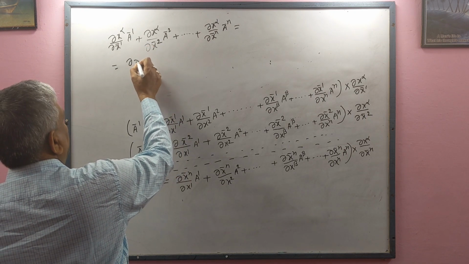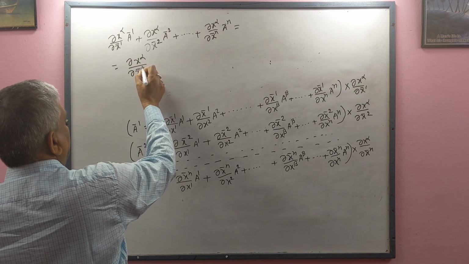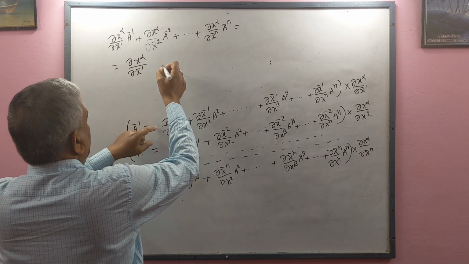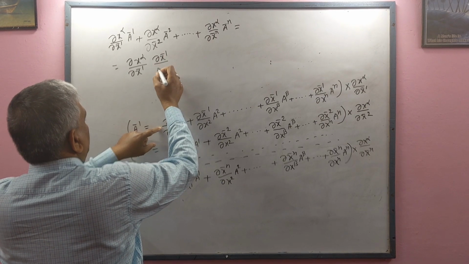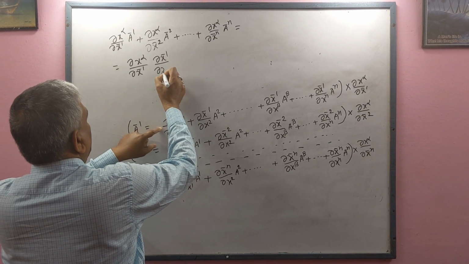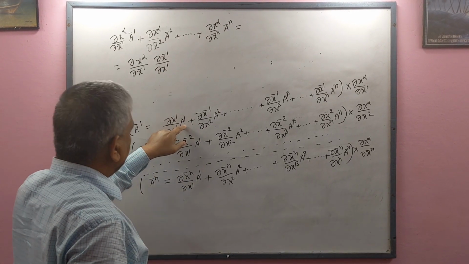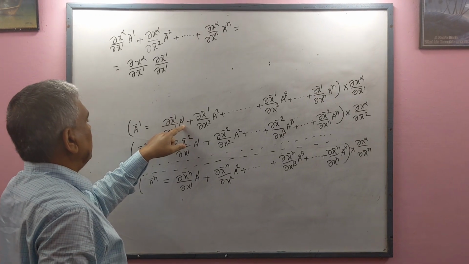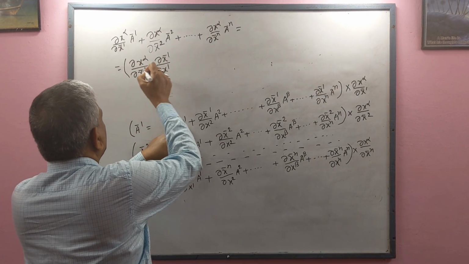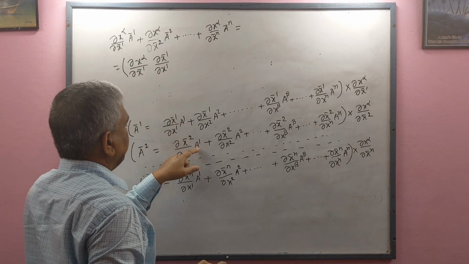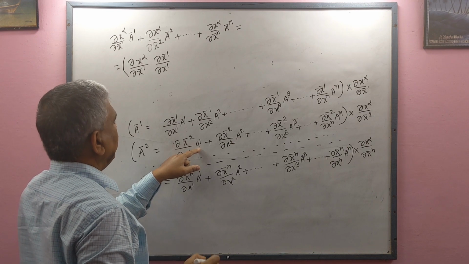We get del x alpha by del x bar 1, del x bar 1 by del x1, into a1. In the second line also we get a1.